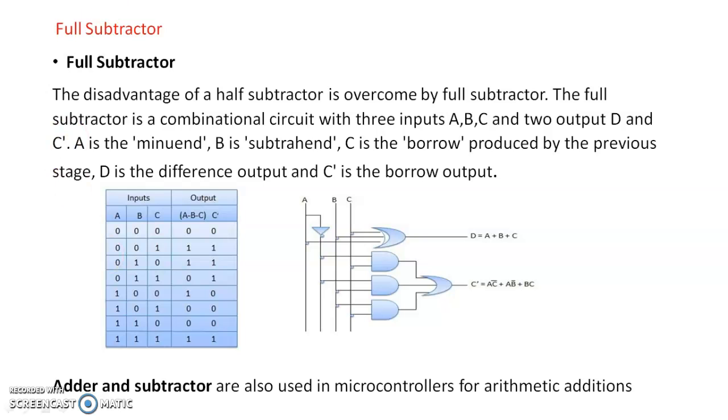It has 3 inputs, A, B, this B in also you can say, and here C variable is used and this is the difference and borrow and you can find out the expression for this difference and borrow. Finally you got the expression for difference, that is A XOR B XOR C and borrow is equal to A C bar plus A B bar plus B C. So this is the full subtractor circuit diagram.